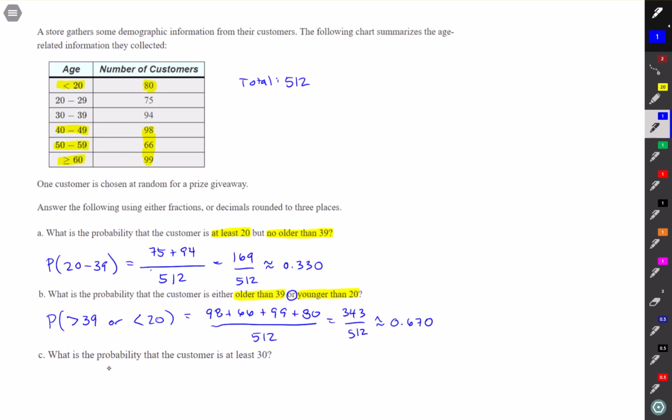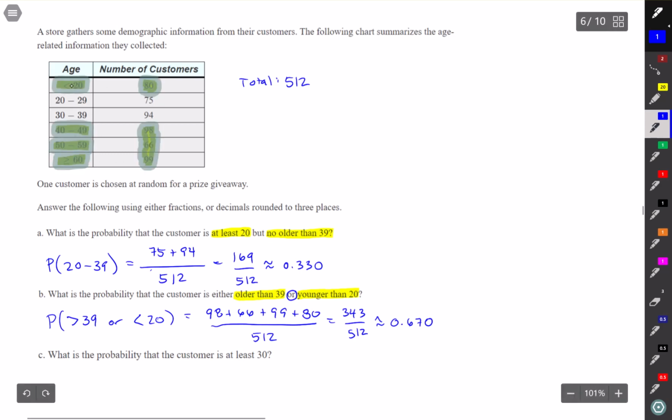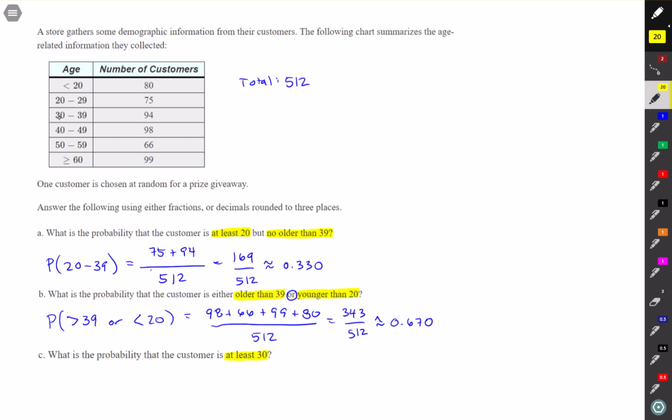Okay, what is the probability that the customer is at least 30? All right, so if they are at least 30, that means they're 30 or more. So that would be 30 to 39, 40 to 49, 50 to 59, greater than 60. These are all groups of individuals that are more than 30.